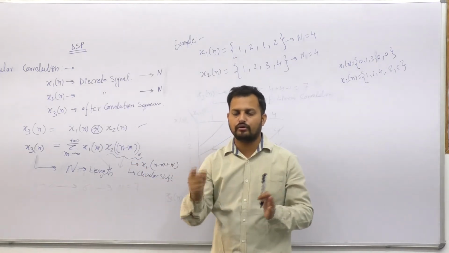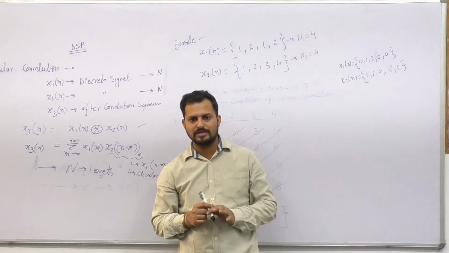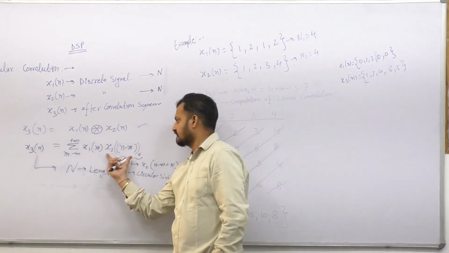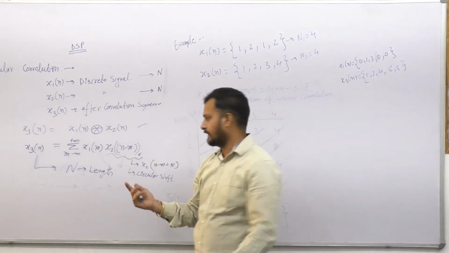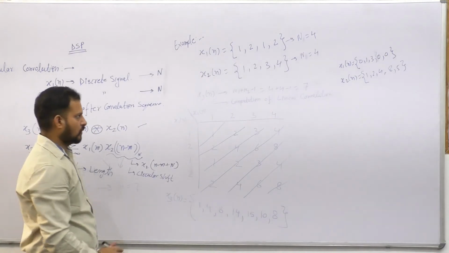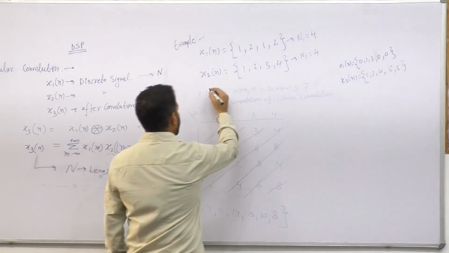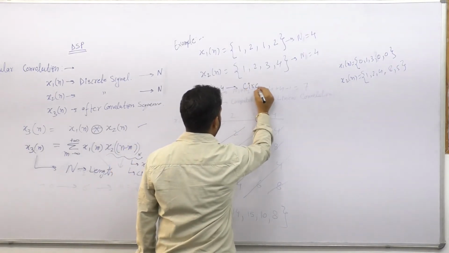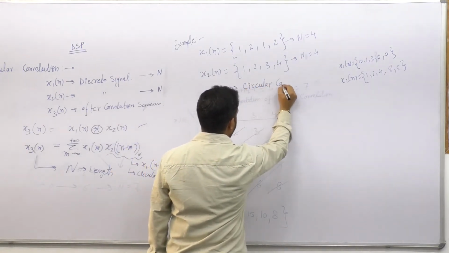So whenever you are going to shift the circular sequences, you are going to represent this term as the circular shifted version of x2[n], right? So this is what we have represented over here. Okay, so here N is equal to 4. We are computing circular convolution.